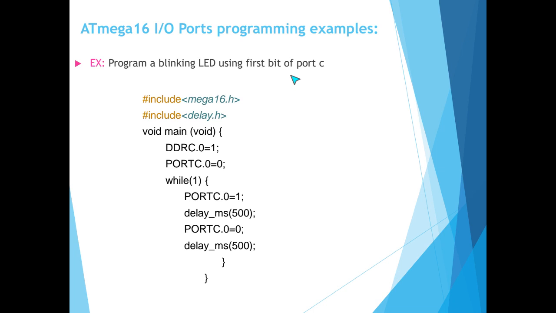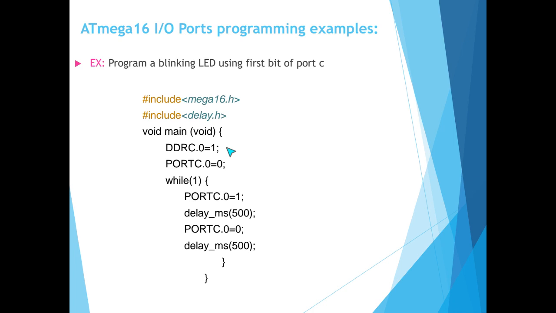Curly braces open. Port C should be configured as output, but only the first bit of port C, not all of the bits. Then DDRC.0, the first bit, is equal to 1. It is configured as output.